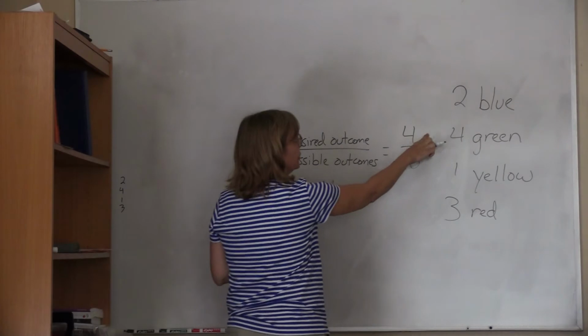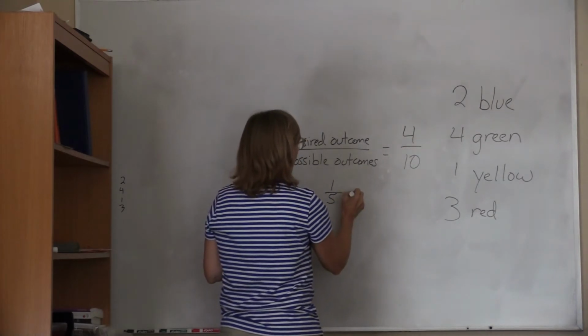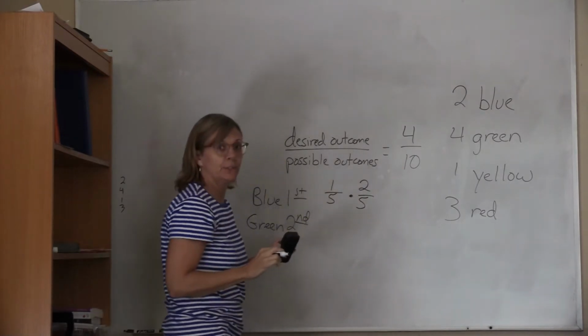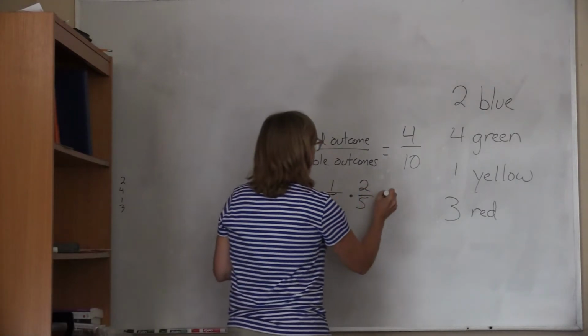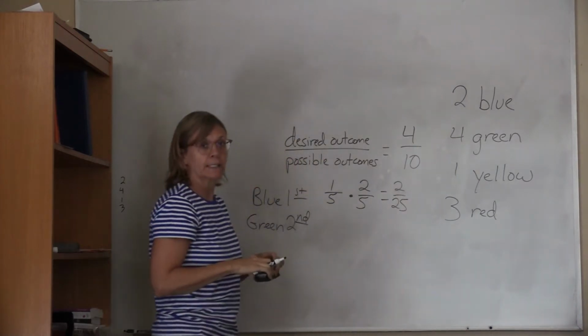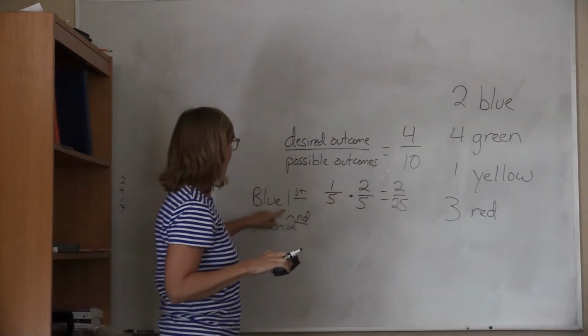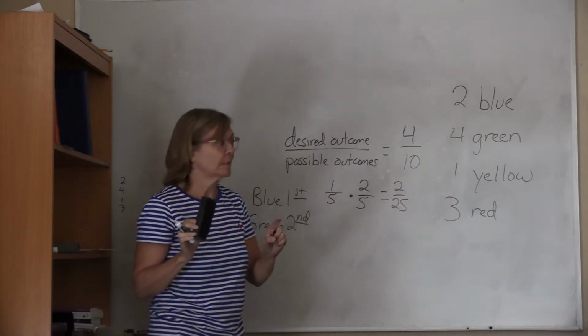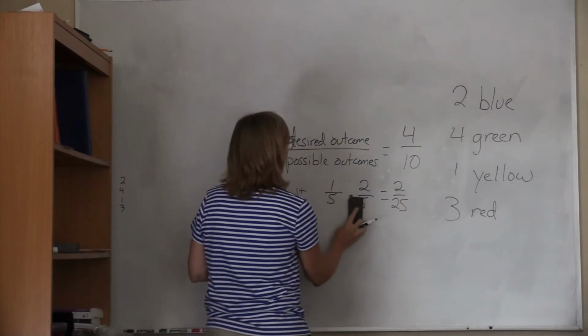And that's going to reduce to 2/5. So we multiply them. It's going to be 1/5 times 2/5, which gives me my answer: I would have a 2 out of 25 chance of getting blue first, green second, with replacement. All right, so here's what this is saying.